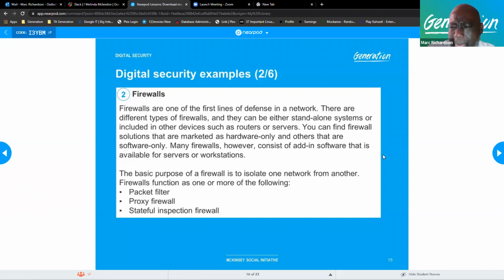You can tell the firewall what programs you want to allow to pass through it and which ones should not. That's your whitelist or your blacklist. Your whitelist is where only the things on that list are allowed, everything else is denied. And then you have a blacklist where only the stuff on the blacklist is denied, everything else is allowed.